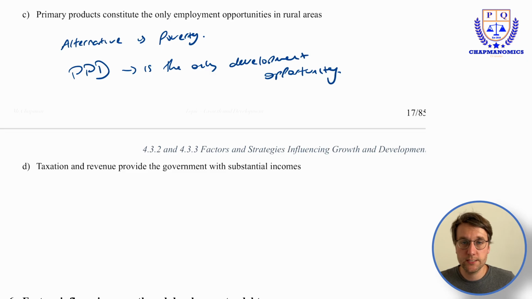So in rural areas, in some places in particular, there just isn't industry operating. There's not a lot else in those areas. And so primary product dependency might be the only way to lift yourself out of poverty. So it might be that going around and collecting nuts and berries and insect resins and these kinds of things are the only ways in which you are able to make money and keep a roof over your head, in which case being primary product dependent is your only option. And therefore it's not such a big problem because the alternative is a lot worse.